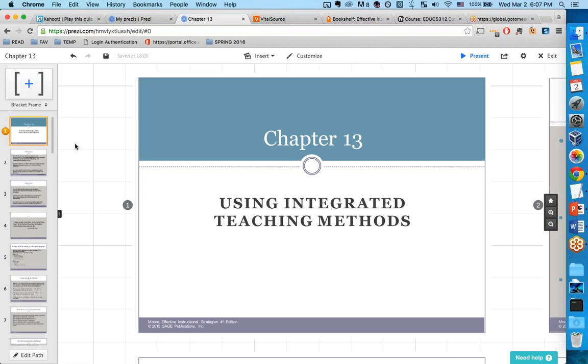You may be wondering, why is it called integrated? So far we learned about direct instruction, we learned about indirect teaching methods, and now we're talking about integrated teaching methods. So this type of teaching strategy includes a combination of direct and indirect teaching methods. That's why it's called integrated teaching methods.